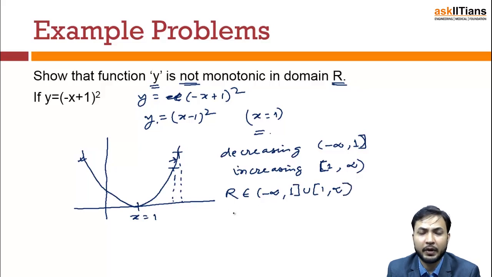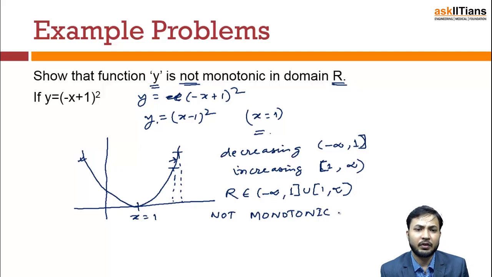So in this domain it is not monotonic. Based on everything that we have learned, this is how we first figure out the domain, and whether or not my equation follows the rules of monotonic functions.